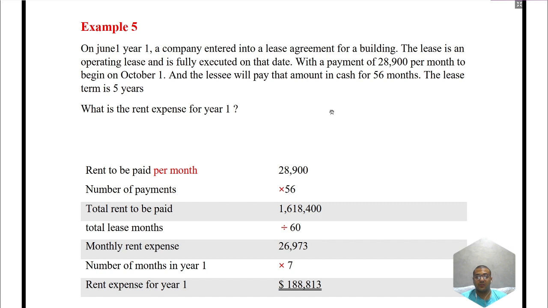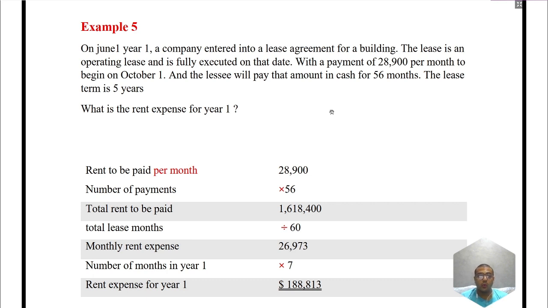He's asking you about the rent expense for year 1, the whole year. Okay. I know that the contract is fully executed on June 1st, but I'm going to pay the cash on October 1st. So my first payment is in October. So we have June, July, August, September.